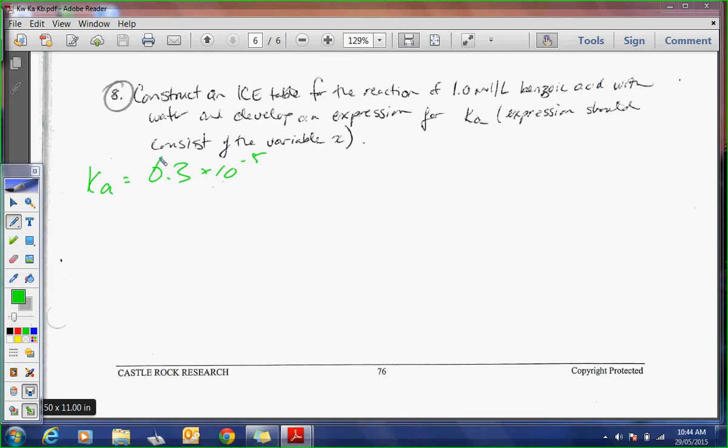Okay, 6.3 times 10 to the power of negative 5 is the Ka of benzoic acid. So a new question. Find the Ka of benzoic acid. So what is the pH of that?